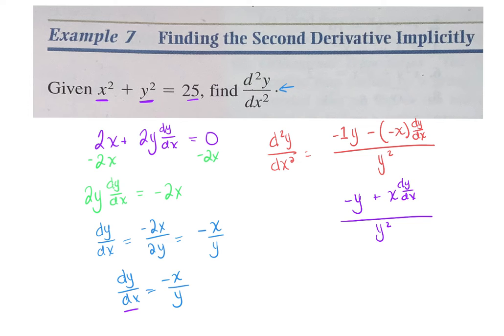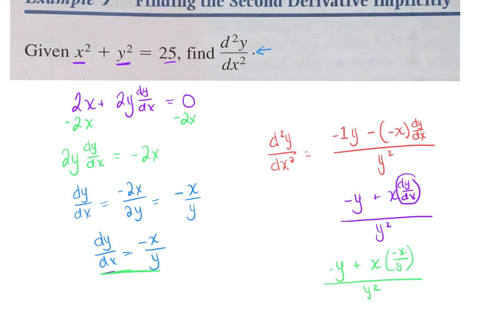So I'm going to plug it in. I'm going to replace this guy right here with negative x over y. X is multiplying that. We're going to say negative y plus x, and instead of dy/dx, we're going to write negative x over y, okay? All over y squared. So far, so good.